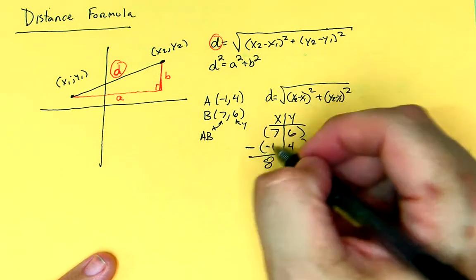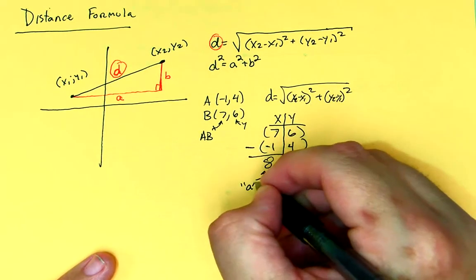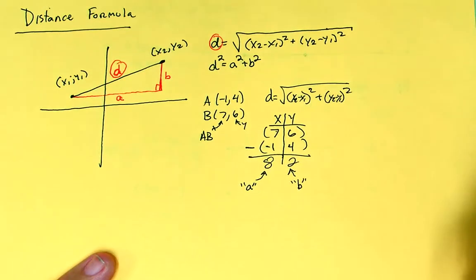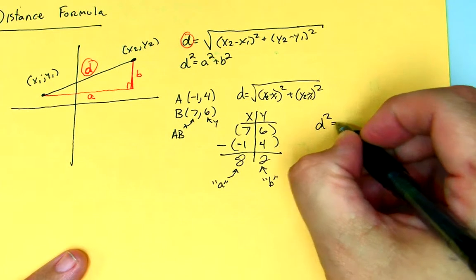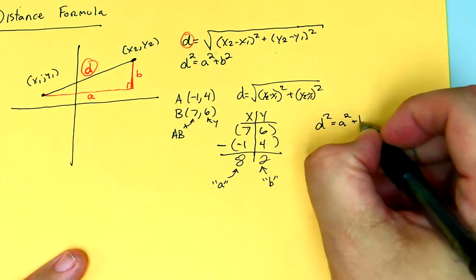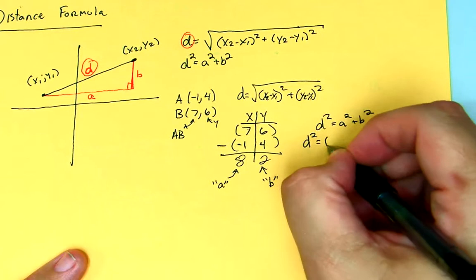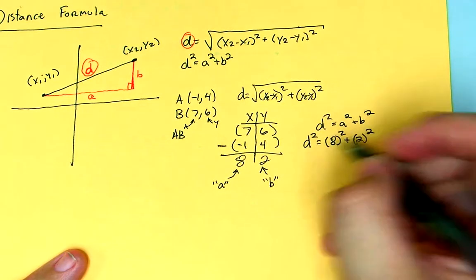So now, if I do this, this would be my A value, this would be my B value, and I can go to the formula D squared is equal to A squared plus B squared, and say, well, D squared is equal to 8 squared plus 2 squared.